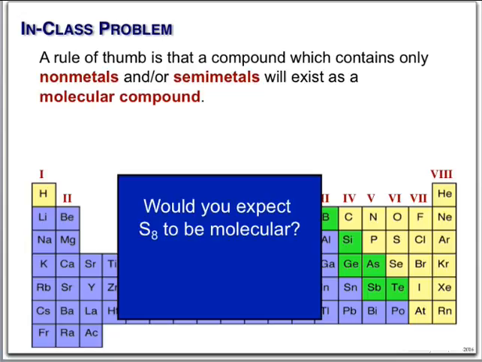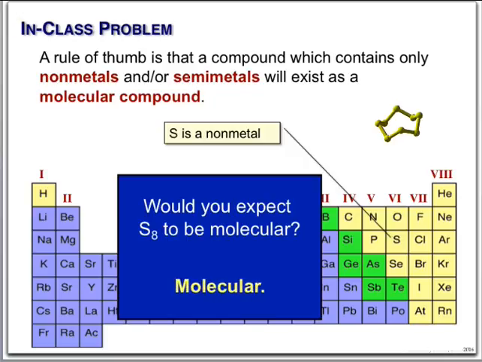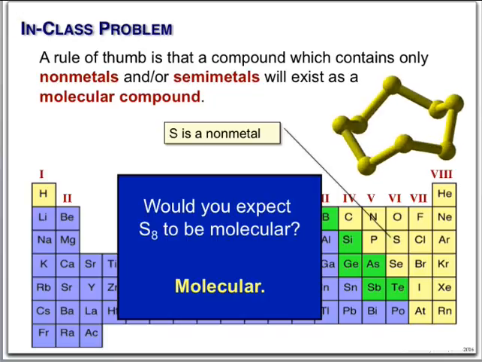All you have to do is find sulfur. It's yellow. Sulfur's actually yellow anyway. But it's a nonmetal. Because it's a nonmetal, all of these bonds will be covalent. It will be molecular. And this is what it looks like. It's kind of cute. It's a little crown.